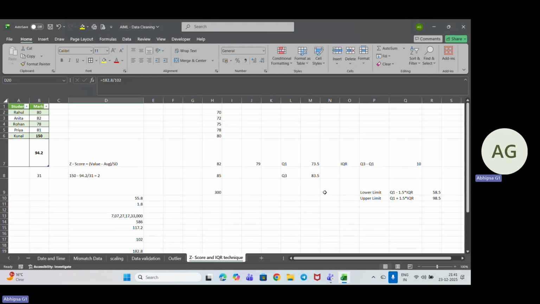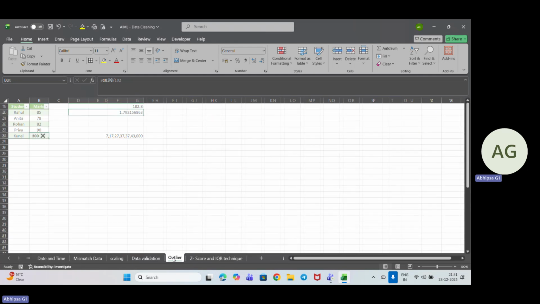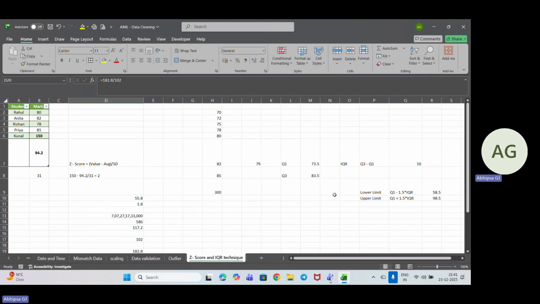This is the technique that we need to take care of in handling outliers in depth. If the outliers are there, we need to handle them. If that is not handled, then it will be a major issue when we go down with the model and make the model understand the data.